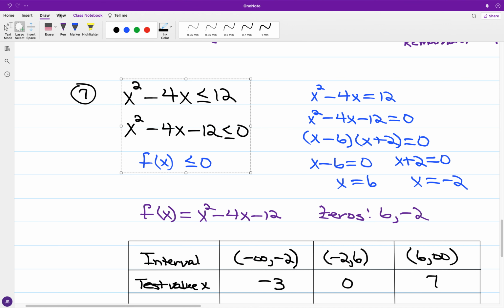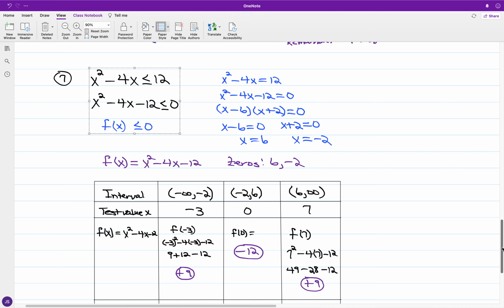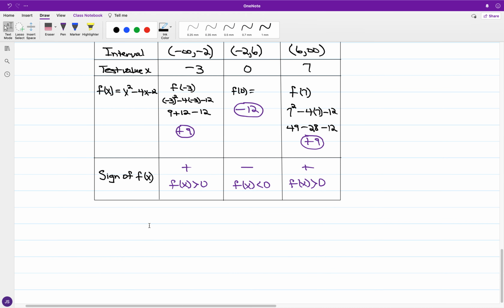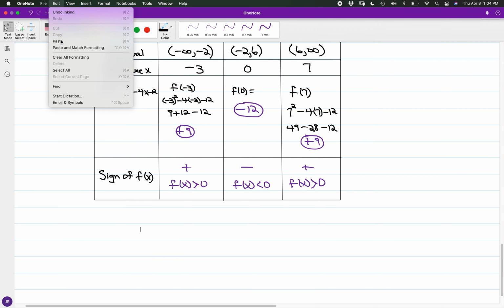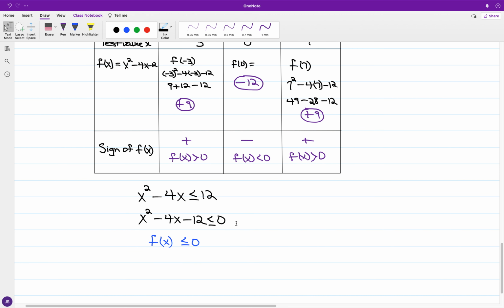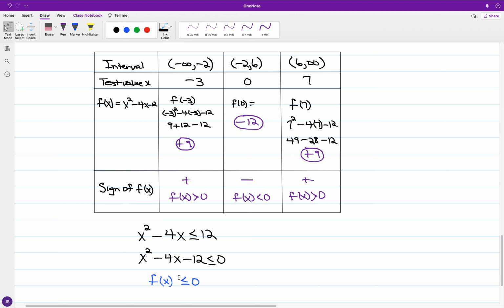Looking at what we have now, this is the inequality we started with, translated in terms of a comparison to 0. This amounts to where f of x is less than or equal to 0, in the same direction as f of x less than 0.